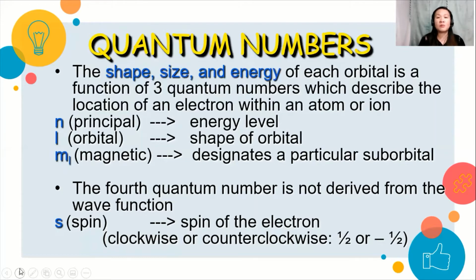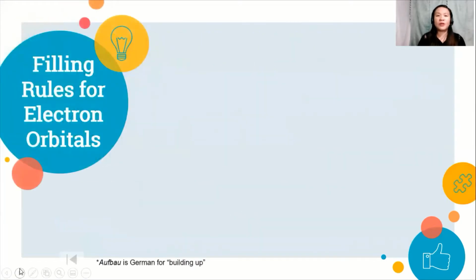Now, the spin quantum number is what we will be using in making our orbital diagram. However, before we are able to make the orbital diagram of different elements, we have to remember three principles.